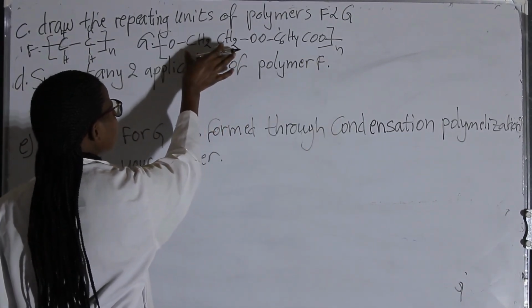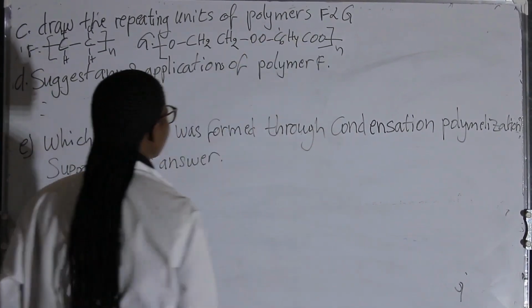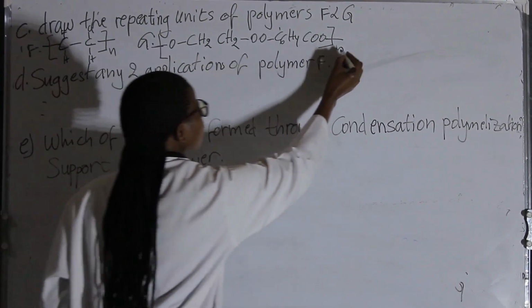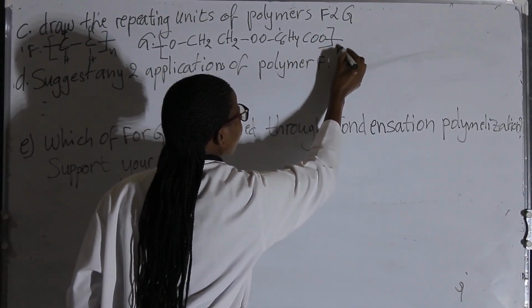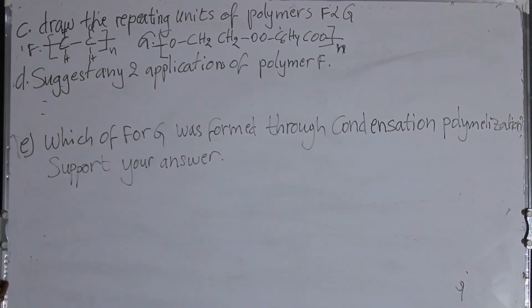The first one is the glycol, then this one, which is the phthalic acid, then the repeating unit will be this and this. This n stands for the number of monomers we have.